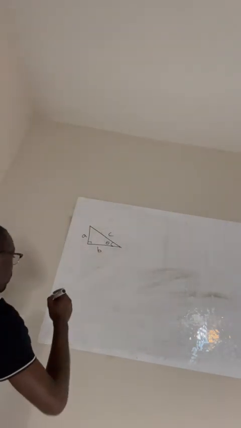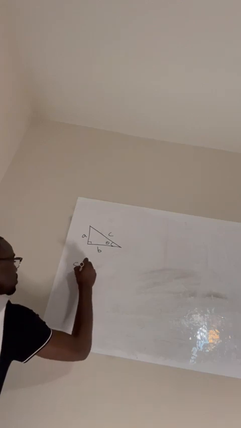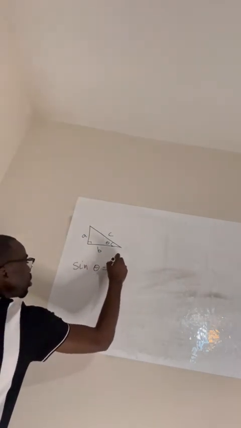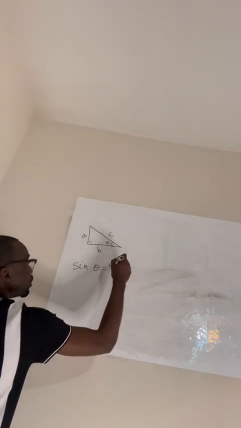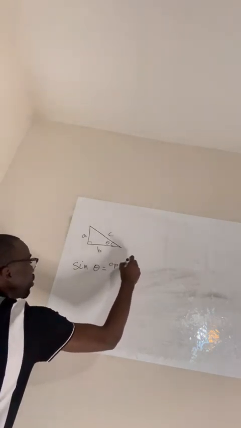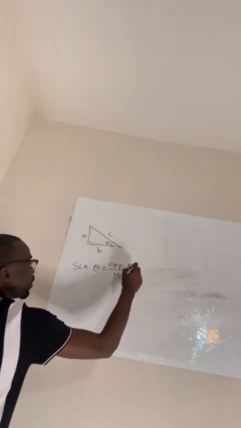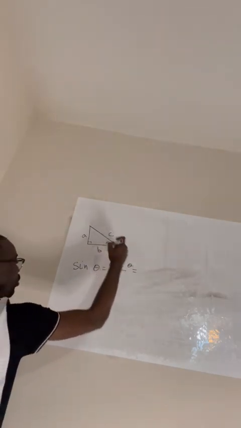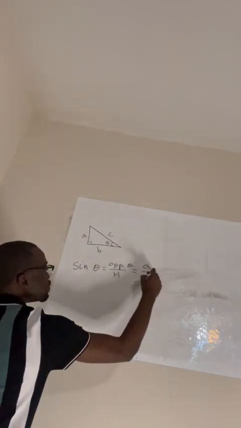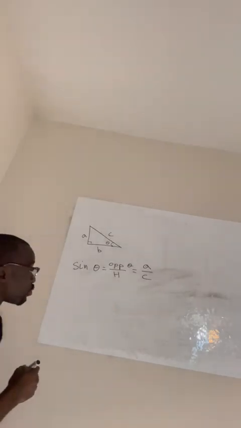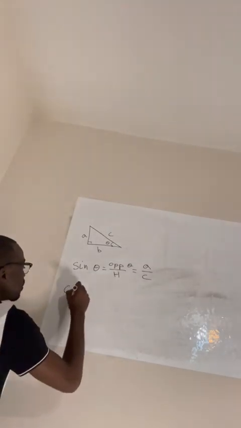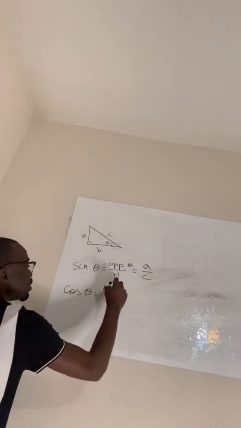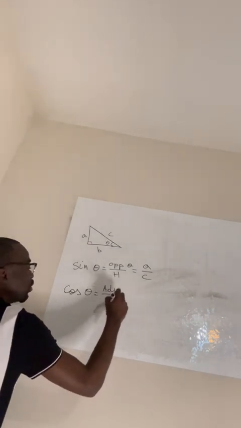By definition, sine of theta is opposite of theta over hypotenuse. In this case, sine of theta will be A over C. Cosine of theta is adjacent over hypotenuse.